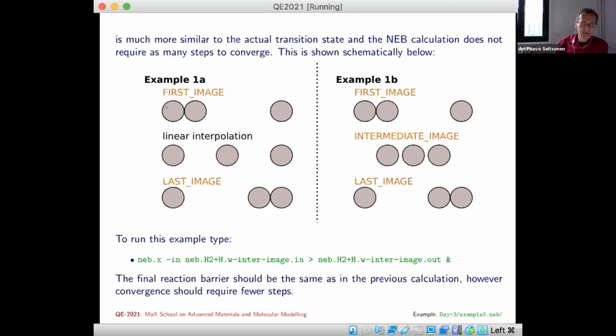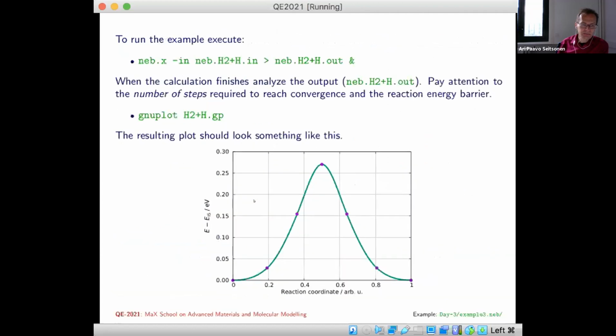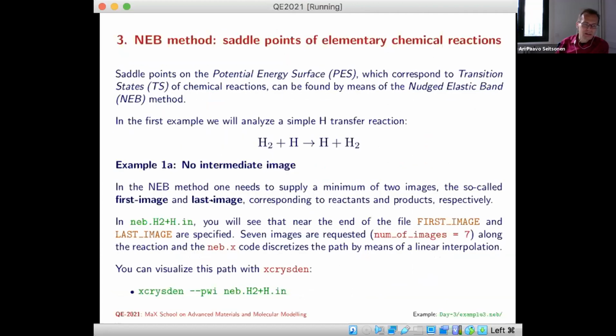So here, because in the first image and the last image you have the same coordinates for the first and the last hydrogens, they will remain the same in this linear interpolation. So only the central hydrogen is shifted. So this is the first example, example 1A. Again, the inputs and so on are given in the examples. And here we use 7 images.